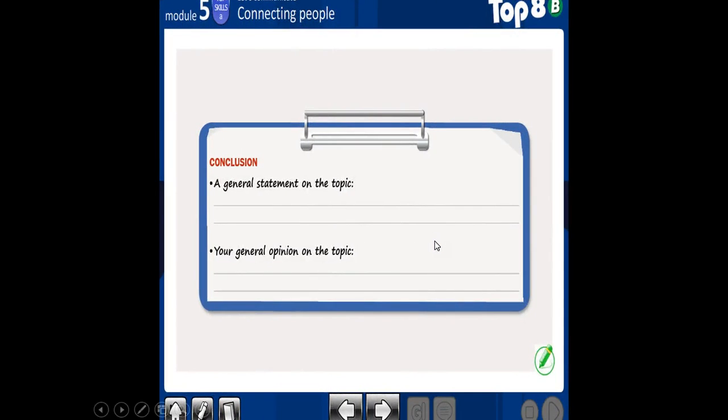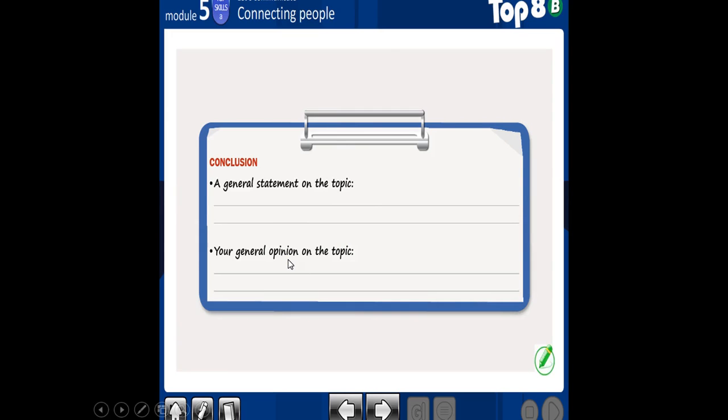Then the last part, the conclusion. You give a general statement on the topic. You say, for example, as we said, mobile phones have both advantages and disadvantages. Or as we said, we have good things and bad things in using the mobile phone.